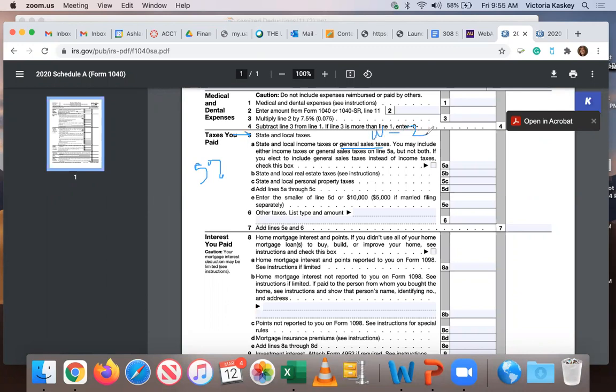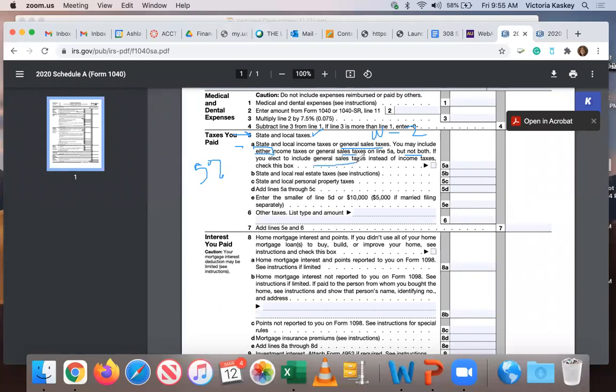It's automatically populated from whatever you put in there with your W-2. And in line 5A, it says state and local income taxes or sales tax. You may include either income tax or sales tax on line 5A, but you can't do both.